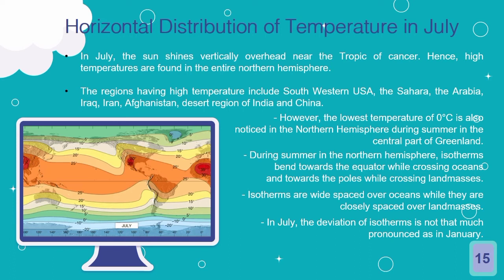So, comparing the horizontal distribution of temperature during July to January, in January the sun is overhead near the Tropic of Capricorn. So the horizontal distribution of temperature in July, the sun is overhead near the Tropic of Cancer. So the high temperatures can be found in the northern hemisphere.